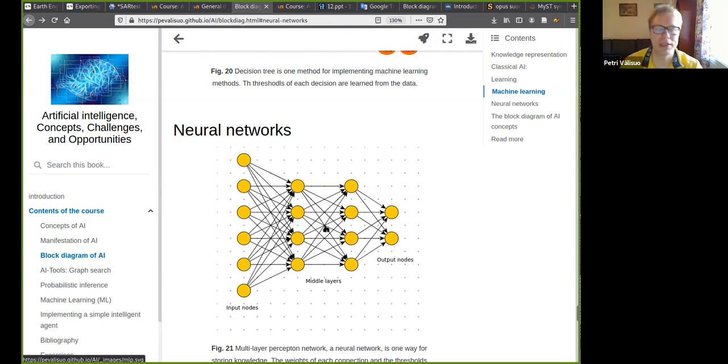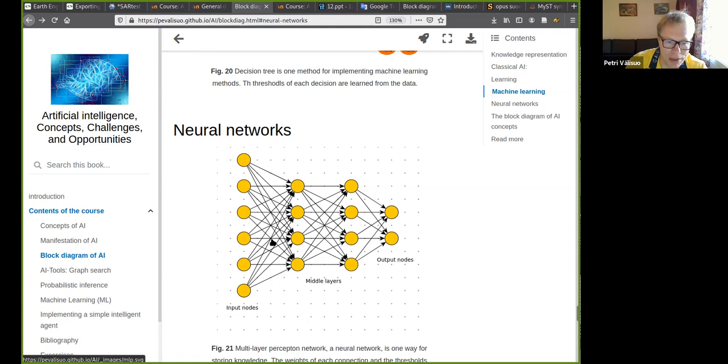And this is how this is used, is that you again give some sample cases that when you have these observations, the bird is a seagull, and when you have these observations, then the bird is a crow. And then there are certain algorithms which train the weights which are included in each of these edges.